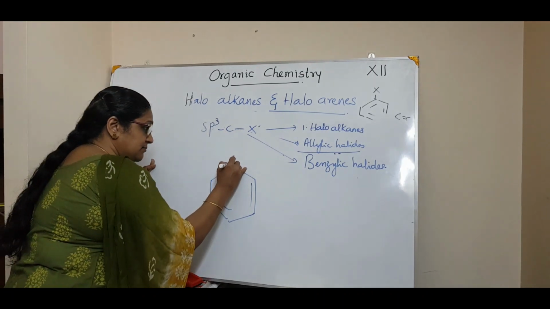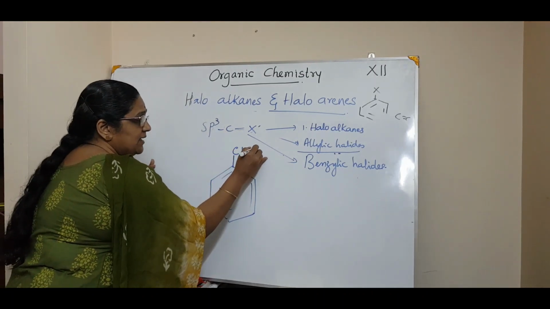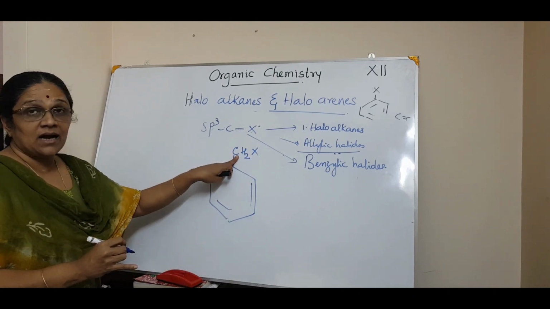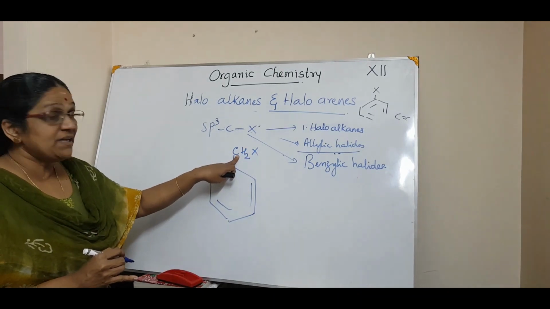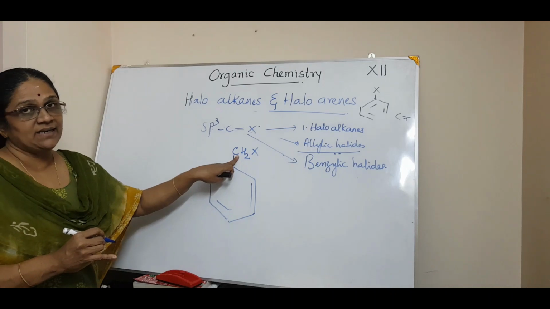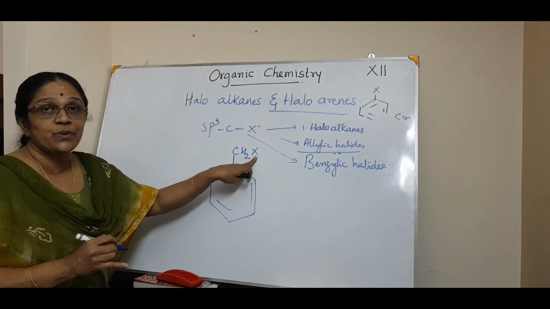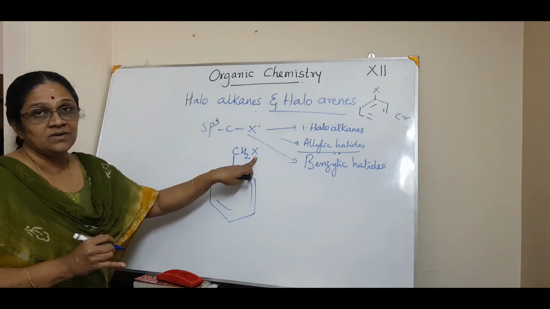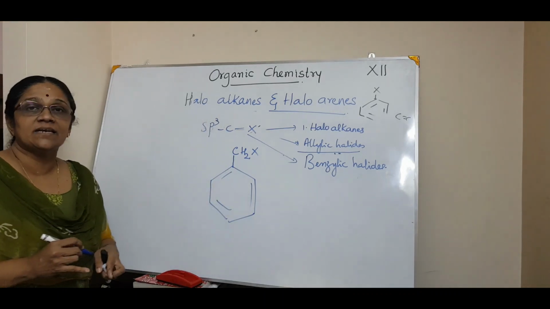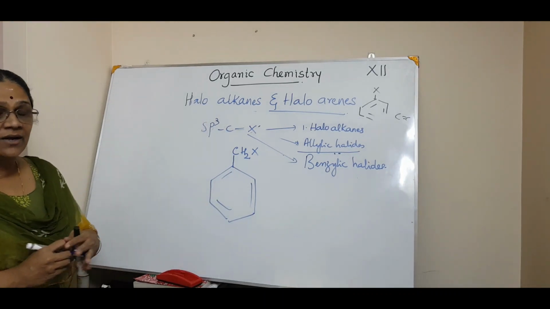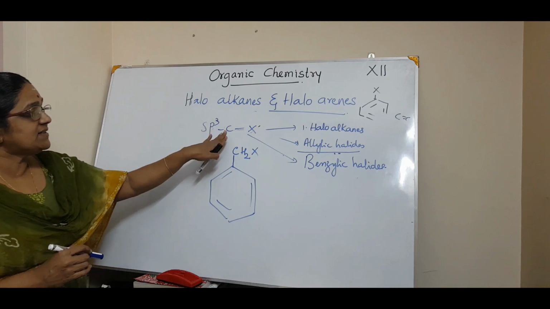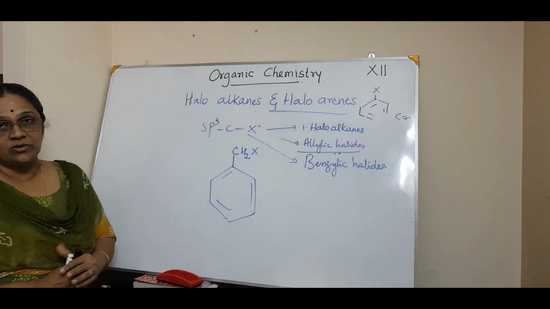So definitely here is a carbon atom which is sp3 hybridized, and that is directly attached to a halogen atom. So these three types can come in compounds containing an sp3 carbon-halogen bond.